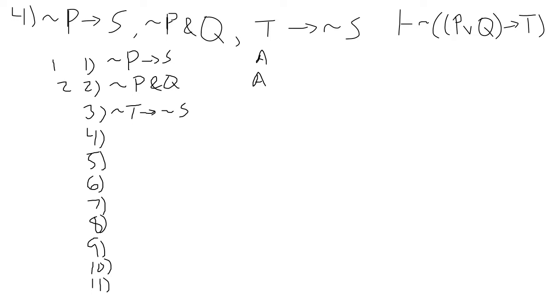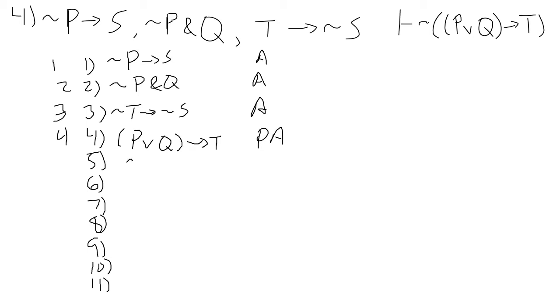So here on 3, the main operator in our conclusion is the tilde in front of the statement there. So we're going to assume the opposite of that. So we're going to assume P or Q, arrow T as a PA and look to get a contradiction. Then we'll tilde in at the very end. So what can we do with what we've got?